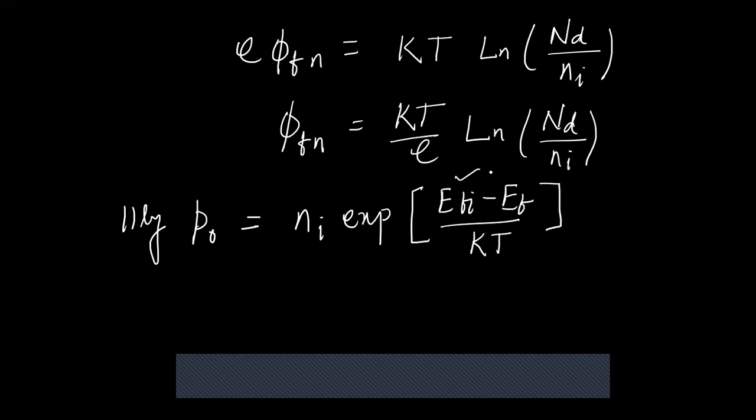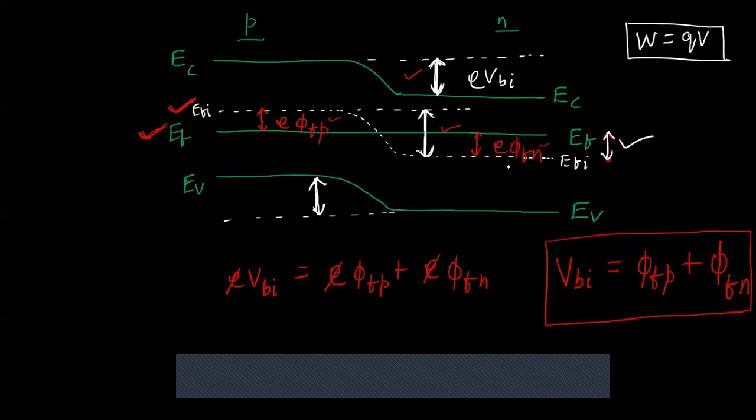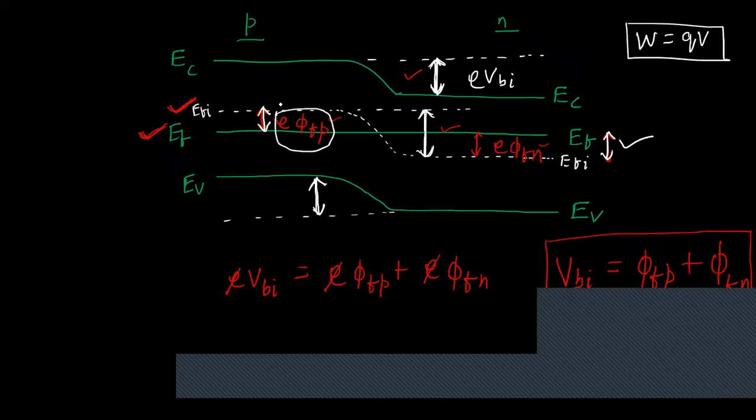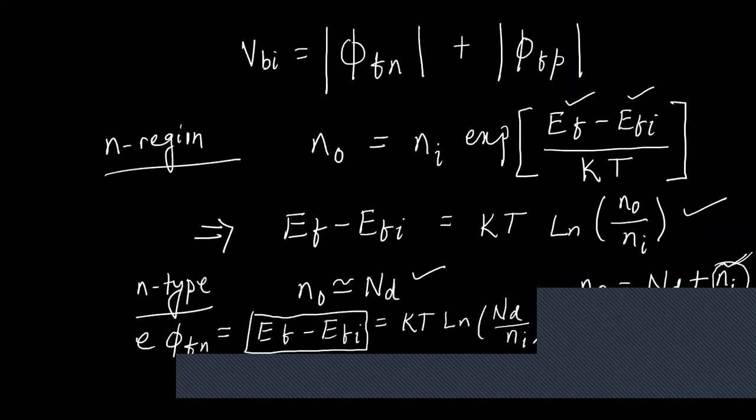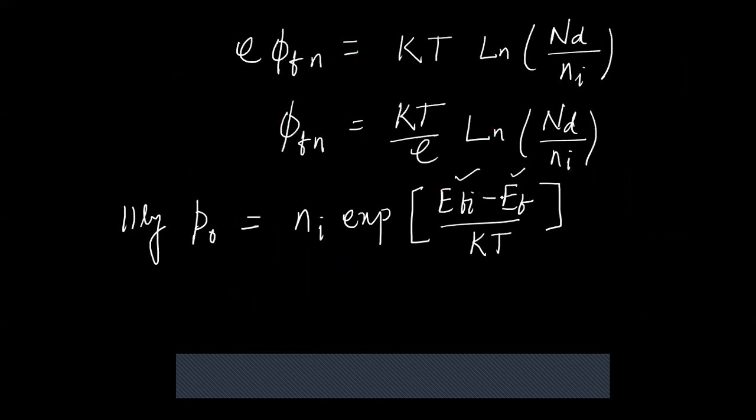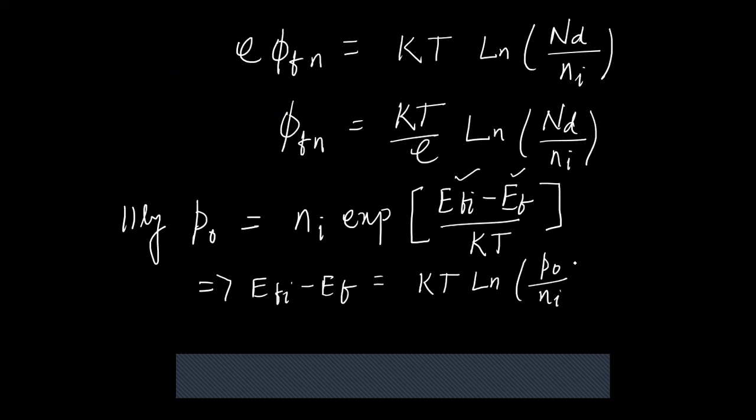Here you can see EFi minus EF, which, as shown earlier, is nothing but e phi FP. This can now be replaced here. We make EFi minus EF the subject, so it can be written as kT times ln, exactly the same way, of P0 by Ni.